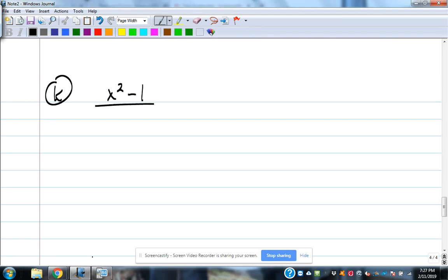X squared minus 1 on top, x cubed minus 1 on the bottom.